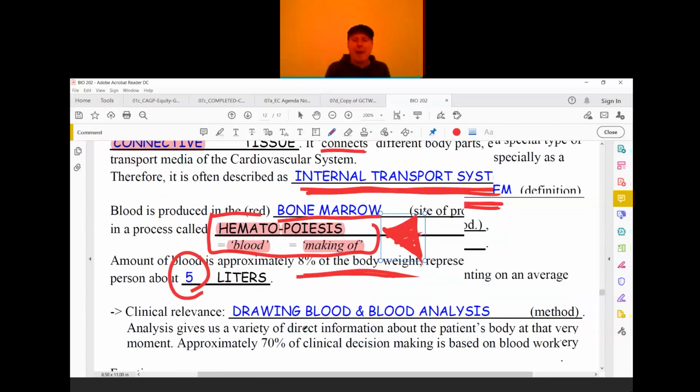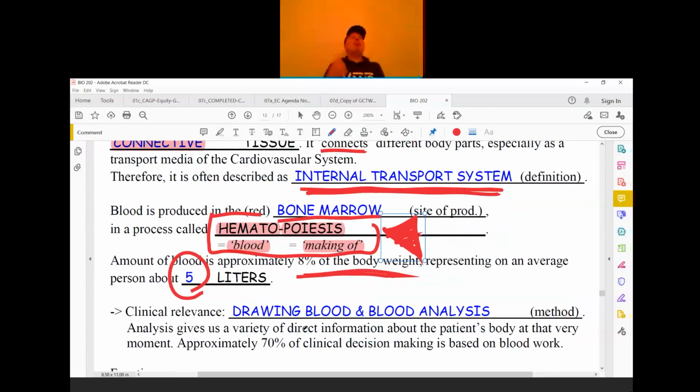Well, why do we need to know about the blood? Well, really, drawing blood from a patient and then analyzing that blood sample is one of the most common and also easiest and most simple clinical tests that we can do in medicine. And I read some time ago a study, which I think the number is probably pretty accurate.